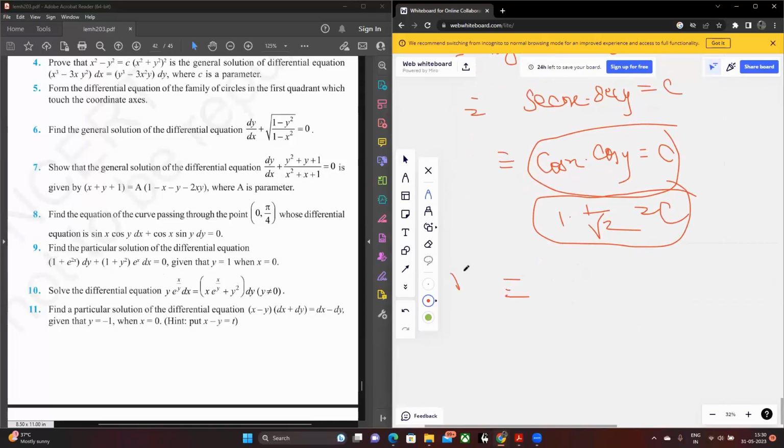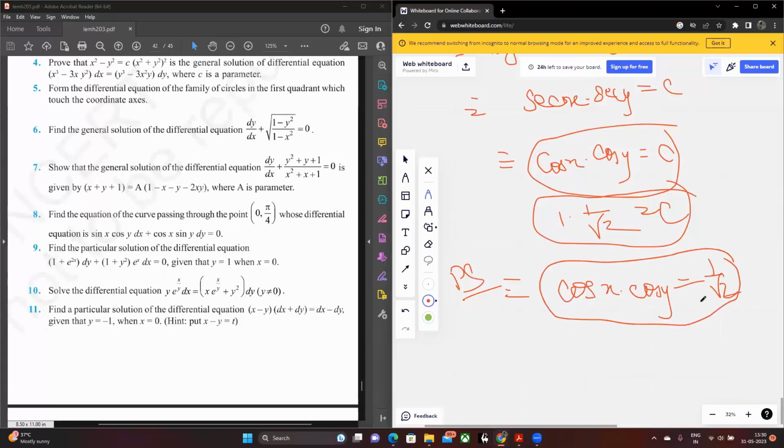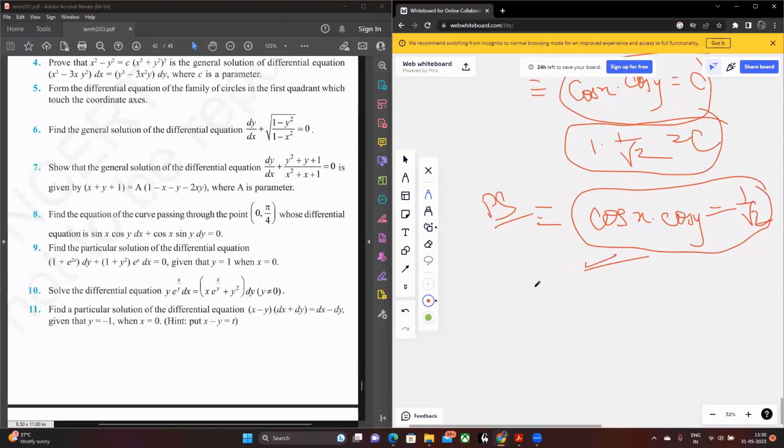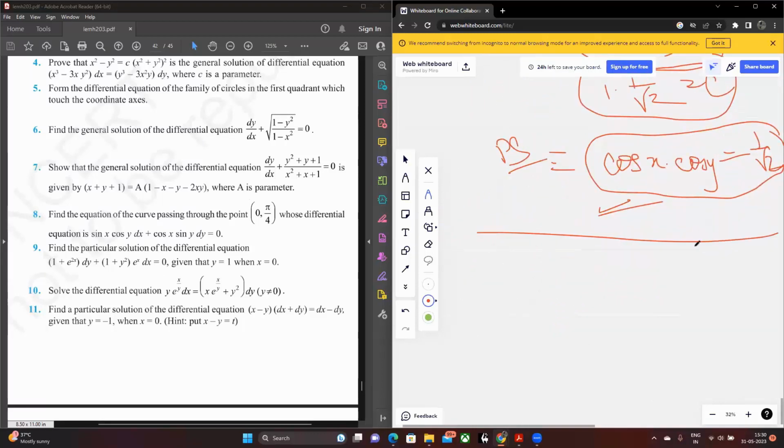Therefore, your particular solution becomes cos x times cos y equal to 1 by root 2. Or you can rewrite this as sec x sec y equal to root 2, or some other form like sec x equal to root 2 cos y. It does not matter. This is your particular solution.